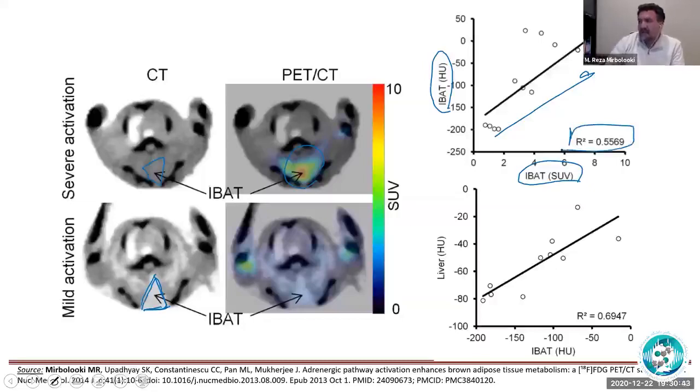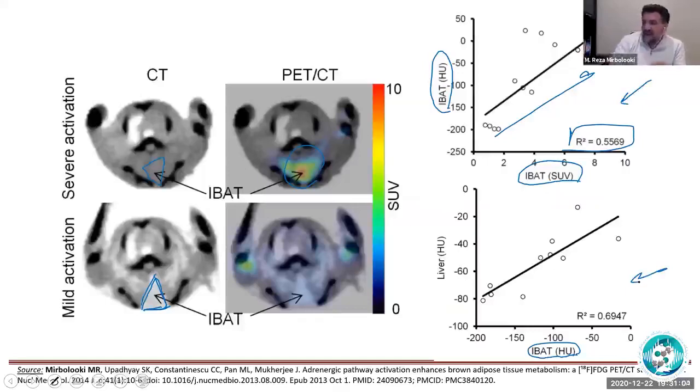I also saw the same kind of effect when comparing the Hounsfield unit of IBAT. So basically now with this, I could prove that lipolysis is happening in IBAT.